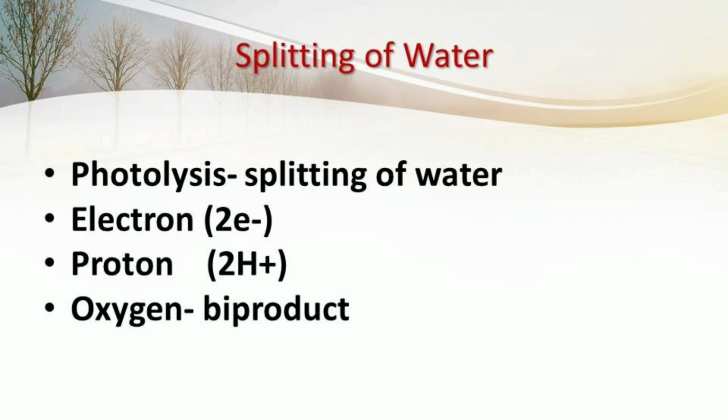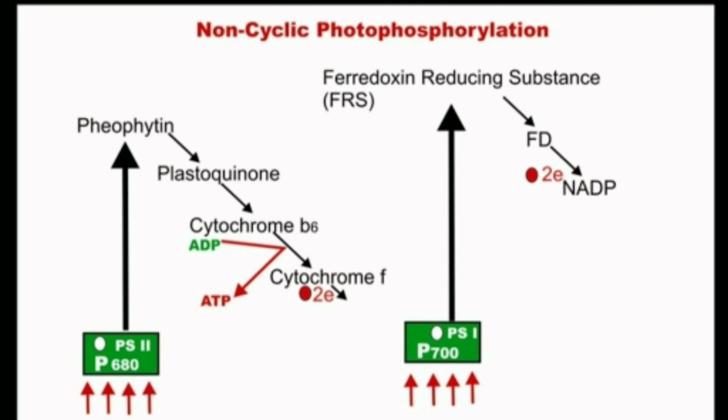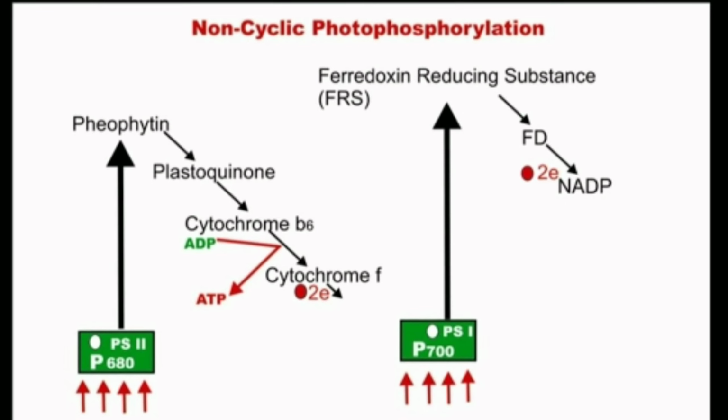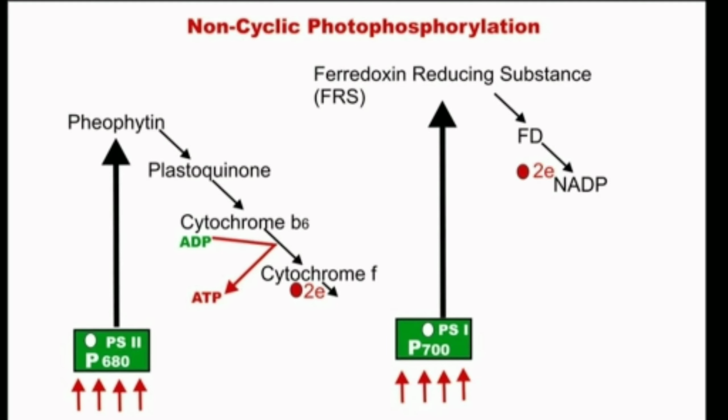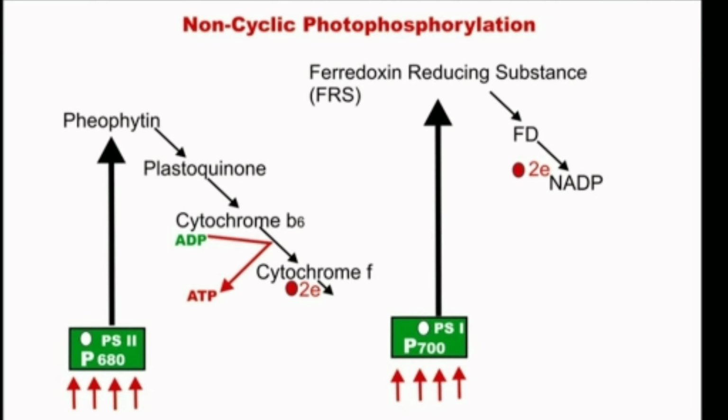This oxygen is synthesized in the lumen. So water splits, and two electrons are transported to photosystem 2, and oxygen comes out as a byproduct.